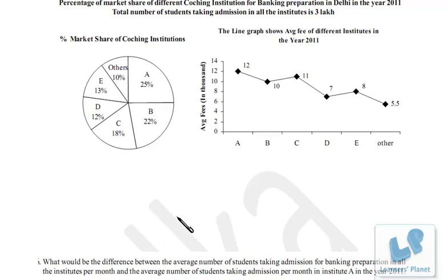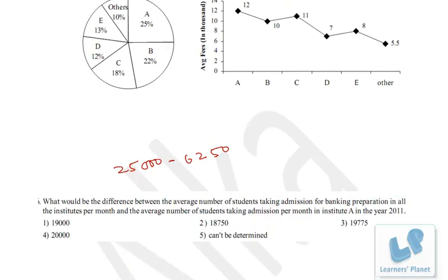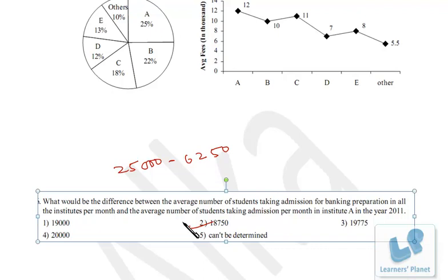And if we talk about Institute A, 25% is the strength of Institute A. So in all it is 25,000 per month, and out of this 25% is of Institute A. So 6250. So what is the difference between this and this? Let's see. So that is 25 minus 7, that's 18, and then 750, 18,750. Okay.